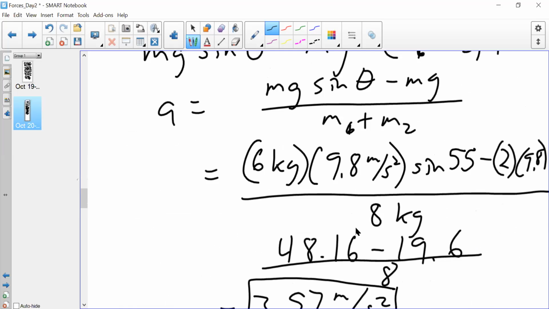So we add Fx for the 6 kilogram and Fx for the 2 kilogram.